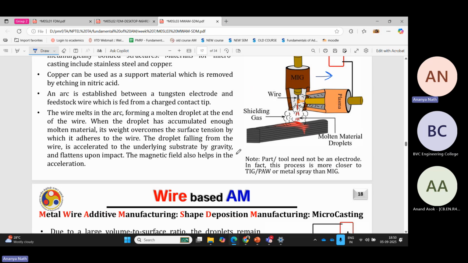If you're talking about the metal extrusion process, then it's the same process. A pinch roller will be there to push down the wire. It will pass through the liquefier where induction heating will be there, and the semi-melted wire, and in this case it's definitely semi-melted, not fully melted, will come out of the nozzle and get deposited over the build plate.